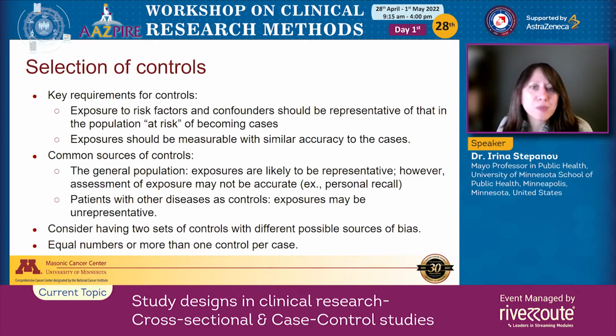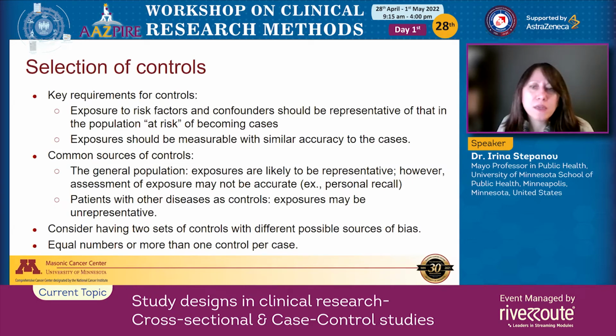But in this case, exposures may be unrepresentative. So, for example, if your cases are lung cancer patients, you might use someone with COPD as controls because patients are coming to the clinic or neighboring clinic for respiratory disease that is not cancer.